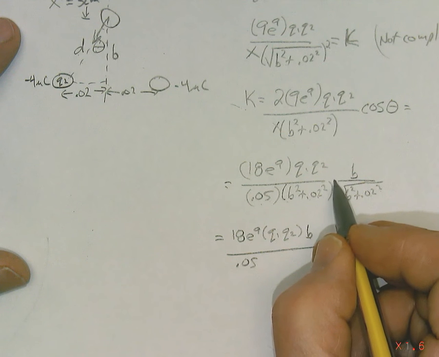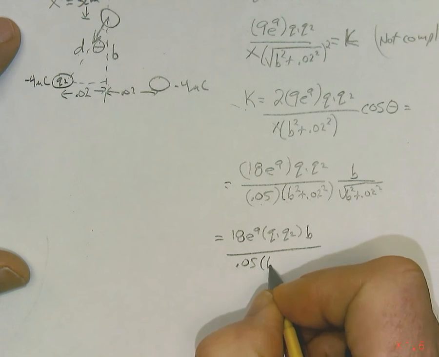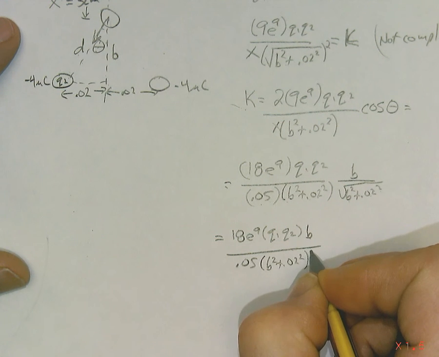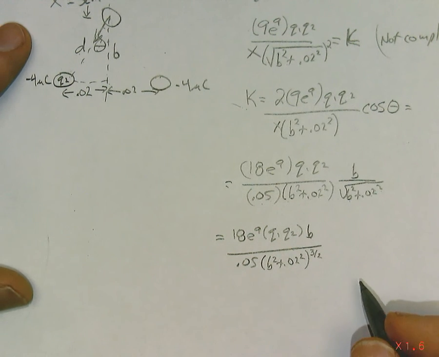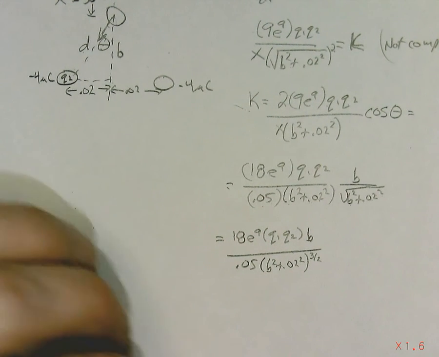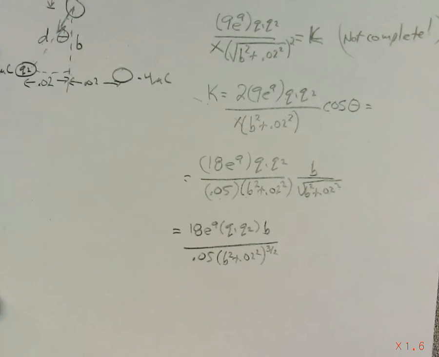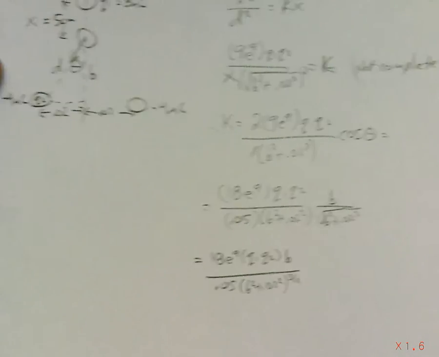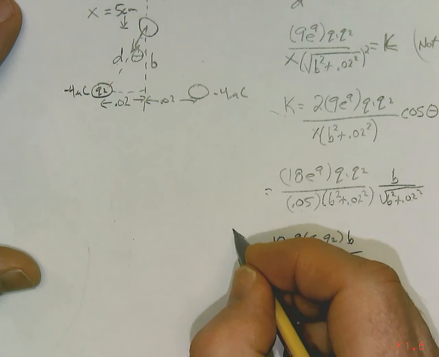Well, this is to the 2/2 power, this is the 1/2 power. So really that's b squared plus 0.02 squared to the 3/2 power, which is the 1.5 power. Now I think I have everything in order. I sure hope so. Now I'm going to plug in the values that I have in the problem.